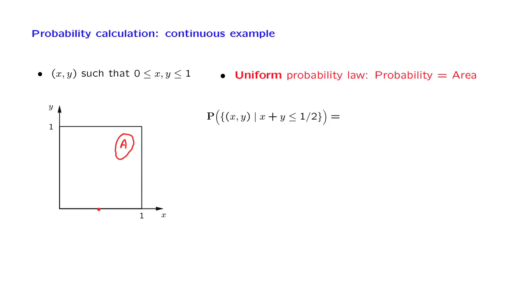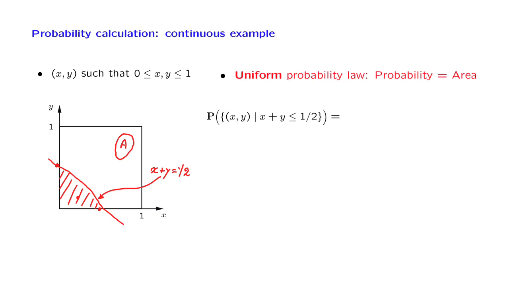So in terms of that sample space, the points that make this event true are just a triangle that lies below the line x plus y equals 1/2. Anything below that line, these are the outcomes that make this event happen. So we're trying to find the probability of this red event.